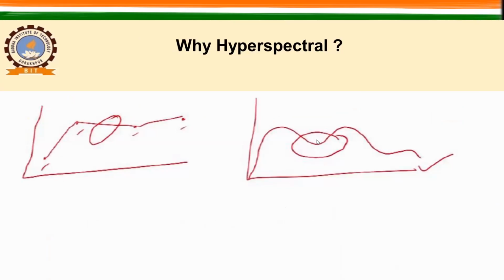That means there is no gap in between. That is why you have continuous spectra here, right? And this can capture the absorption feature which was missing here, right? So that is why hyperspectral images are very popular nowadays for quantitative analysis, right?